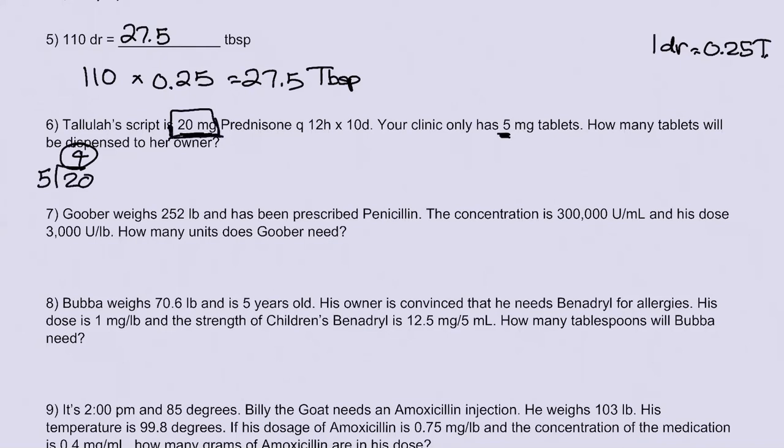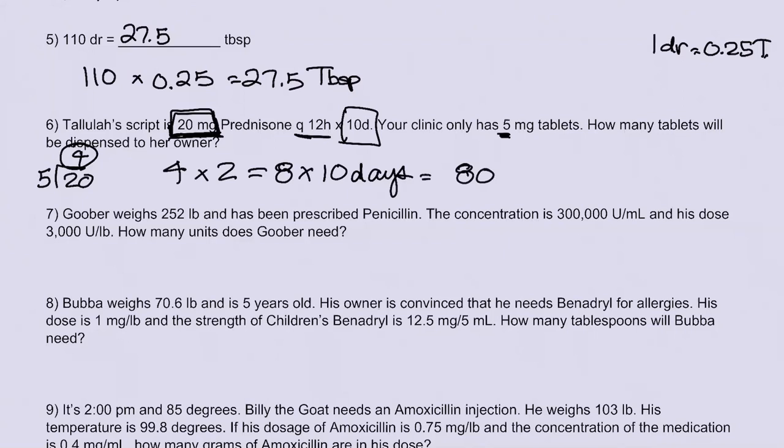No, it's times, I'm sorry, twice a day. So she's getting that twice a day because it's every 12 hours. So I've got my 4, multiply it by my 2, that gives me 8. She also needs to have this for 10 days, so let's multiply it by 10 again. And she is going to get 80 tablets.